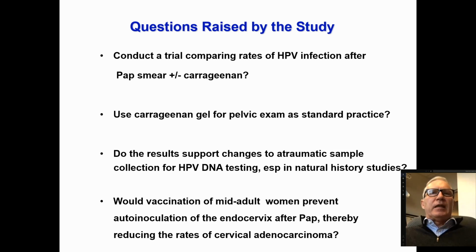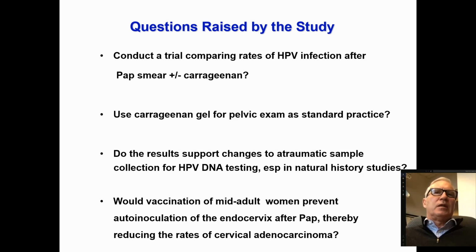Another thing that was raised earlier, I think maybe by Alex, is if Pap smears potentiate infection, what does this say about our natural history studies where we're measuring rates of acquisition of HPV by doing repetitive Pap screening or Pap tests, essentially by doing cervical scrapes?